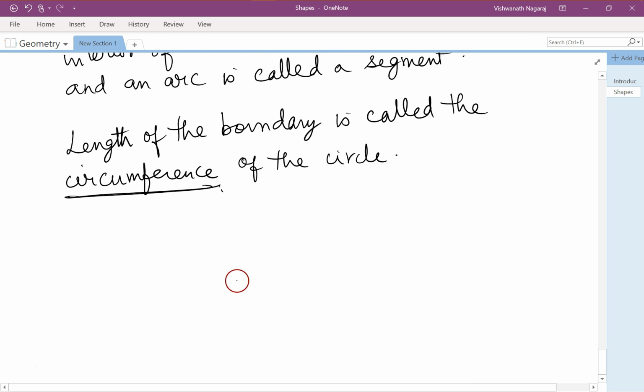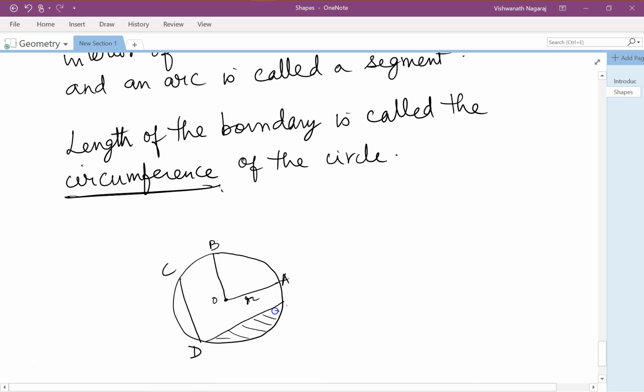So in one circle, let's look at all of them. So this is the center, this is the radius, let's say R, O, let's say A, let's say B, C, let's say D, let's say E. Now O is the center, OA is the radius. Let's put a point here and name it.